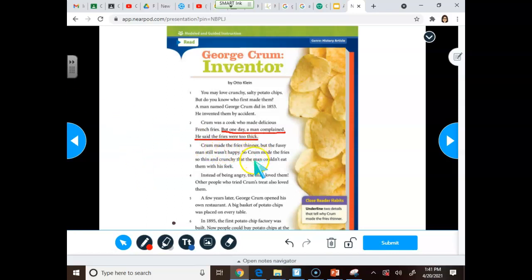He made the fries thinner, trying to solve a problem of an angry customer. Why did people like potato chips?